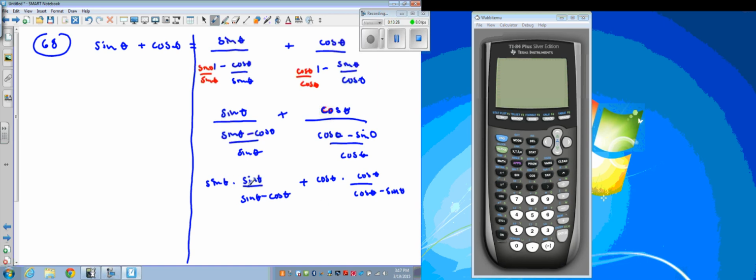My numerator is going to be sine squared, and this is over sine theta minus cosine theta. But with this, I'm going to take a -1 out of there. So it's going to be a minus cosine plus sine.